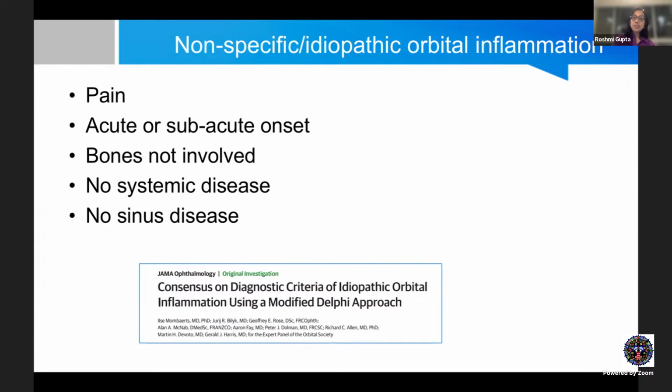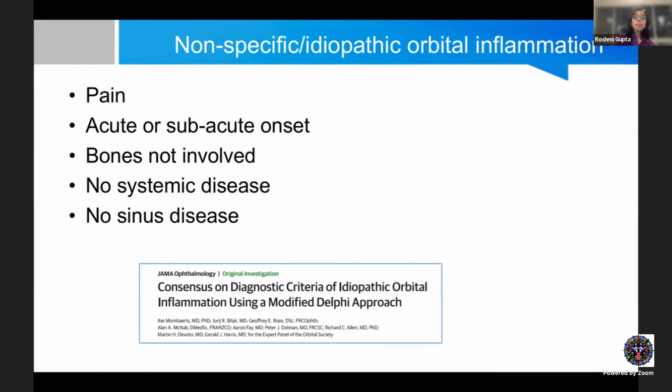When we investigate more and more, we actually find that a lot of the so-called idiopathic orbital inflammations are not idiopathic at all. We can put a name to it. So in 2017, certain criteria were set forward for diagnosis of non-specific orbital inflammation.